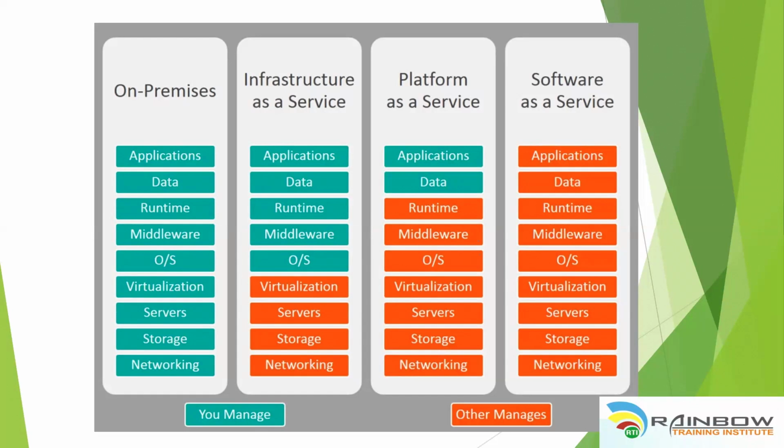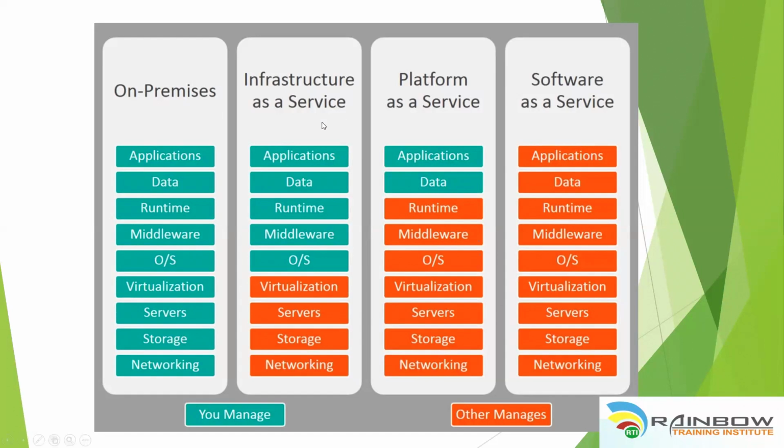But you don't have control over other elements like runtime or middleware. That's called platform as a service. The classic example is if you want to build your own web application, you can choose platform as a service and build it. You maintain the data and the application, but not what kind of server you need, what the capacity of the server should be, how much RAM, or how much storage it needs.